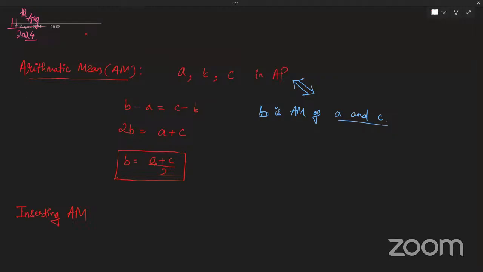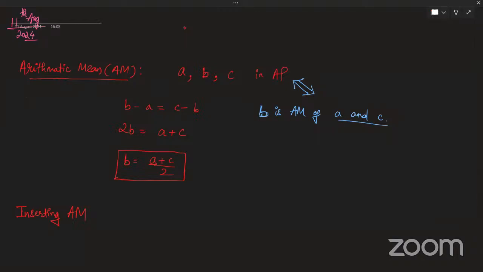See, what is happening is I have three numbers A, B, and C. They are in arithmetic progression. So B minus A is equal to C minus B, right? Common difference. From that, I get that B is equal to A plus C by 2.